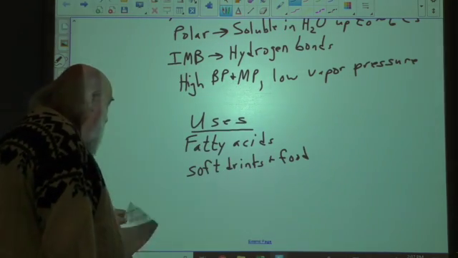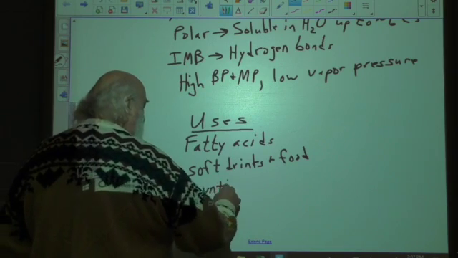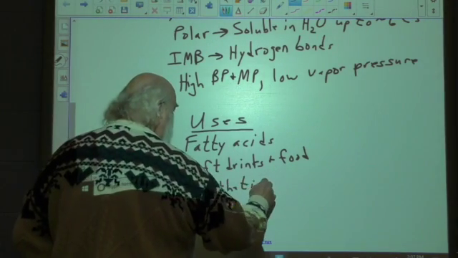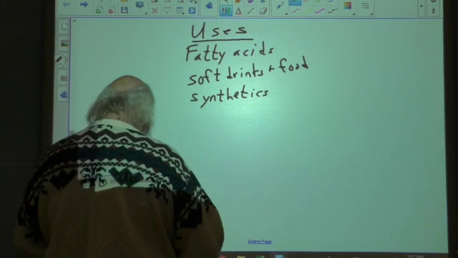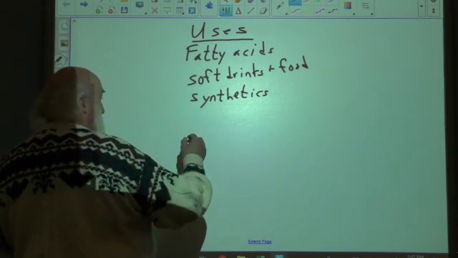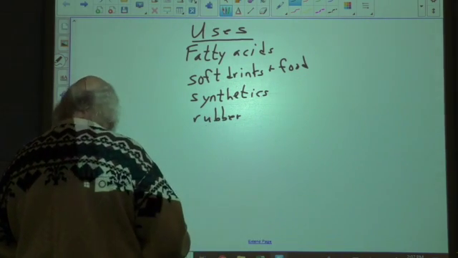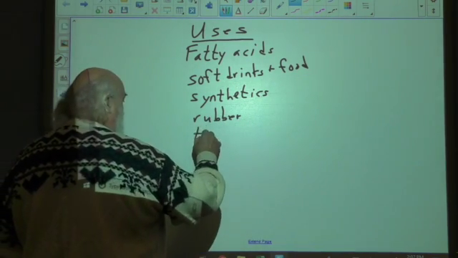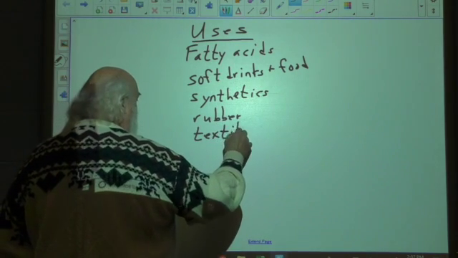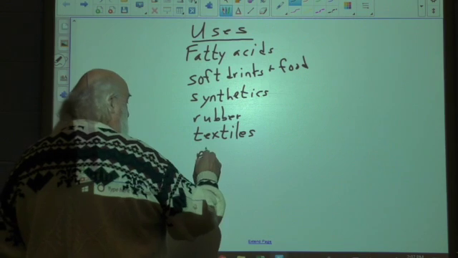We also use this making synthetics. Rubber. We make rubber with this. Textiles. Pharmaceuticals.